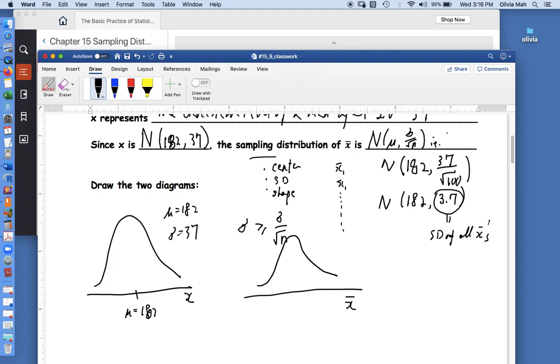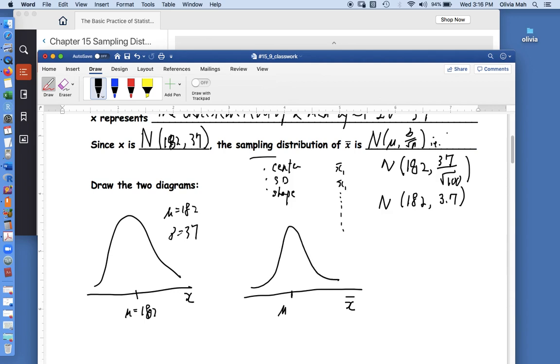Let me get rid of all this because it's kind of crowded here. If you want to draw this diagram, I should make it narrower. Hopefully you draw better than I do. Let me try one more time. Okay, better.